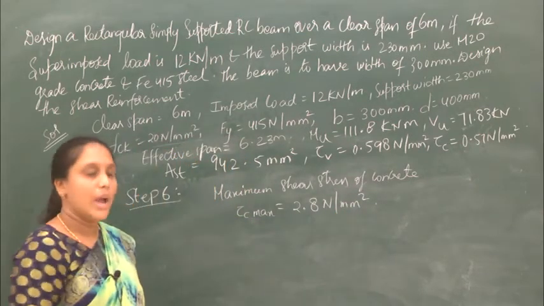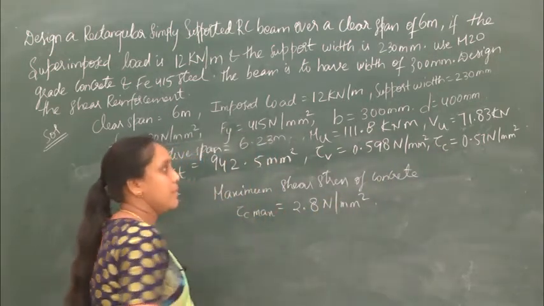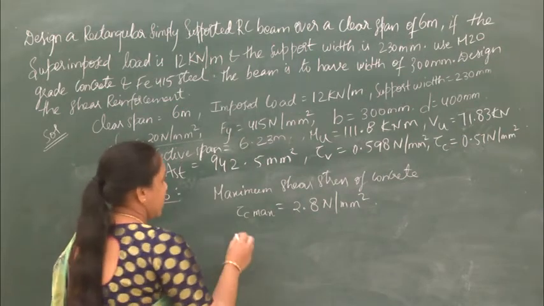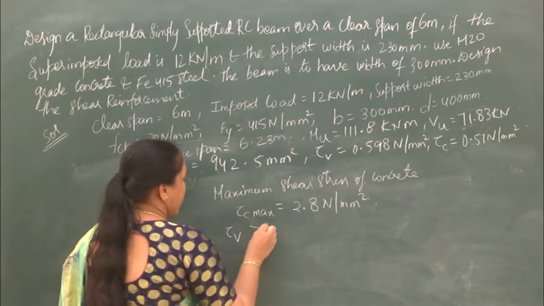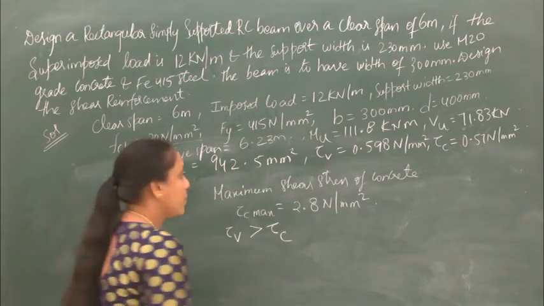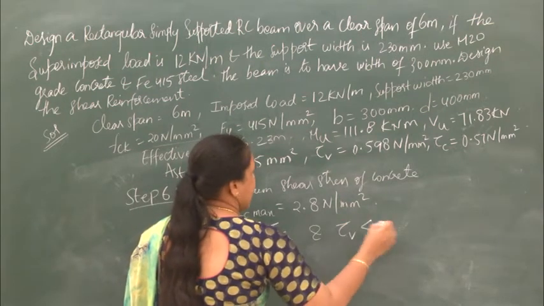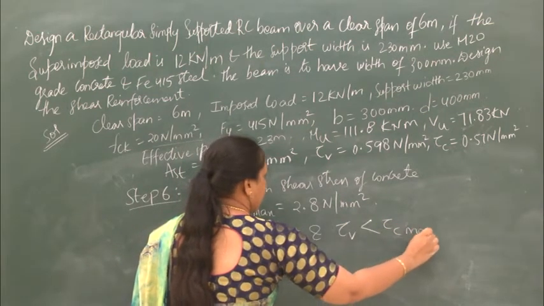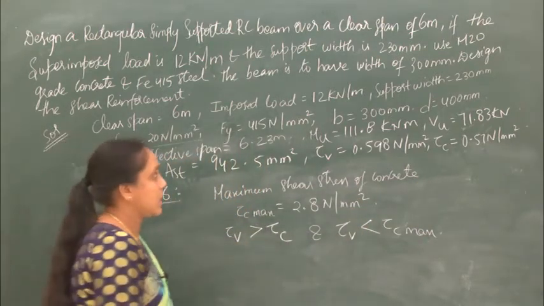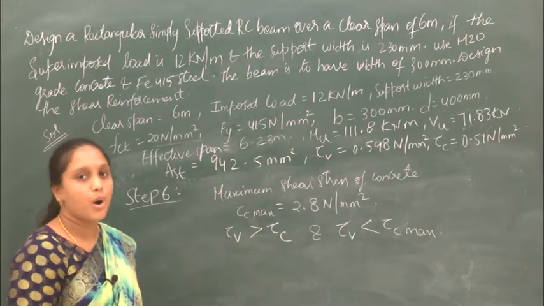Now what? We have to compare the tau v, tau c and tau c max value. So from these values what can you observe? You can observe that tau v is greater than tau c and tau v is less than tau c max. If tau v is greater than tau c and tau v is less than tau c max, what do we have to do?